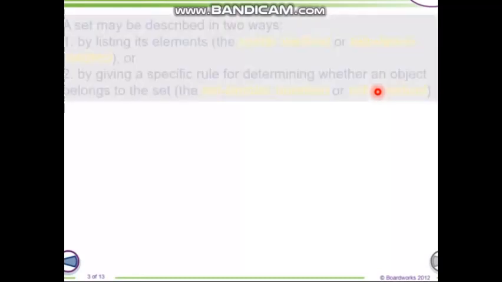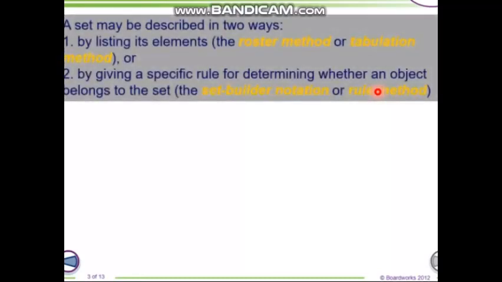Now, we will proceed to ways of describing sets. We actually have two ways to describe it. First, a set may be described by the roster method or tabulation method.